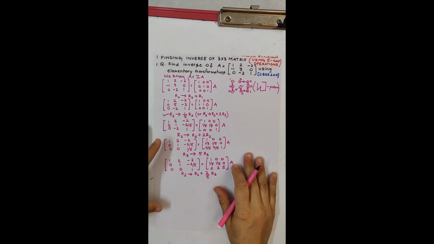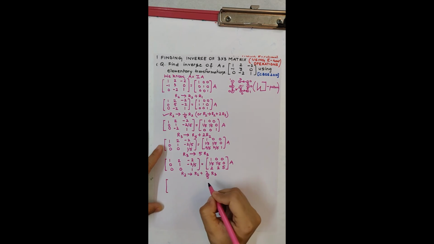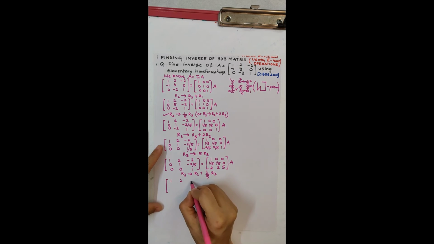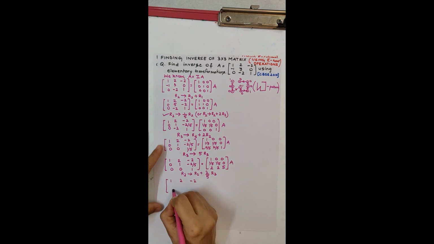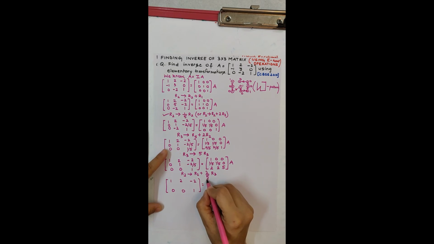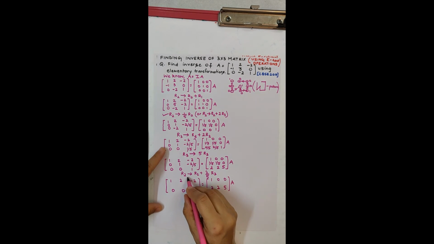So here this matrix on the left hand side becomes first and the third row would remain as it is. So we copy them down, 1, 2, minus 2. Here it's 0, 0, 1, and here on the right hand side it's 1, 0, 0, and 2, 2, 5, and this A as it is. Now let's evaluate the second row.